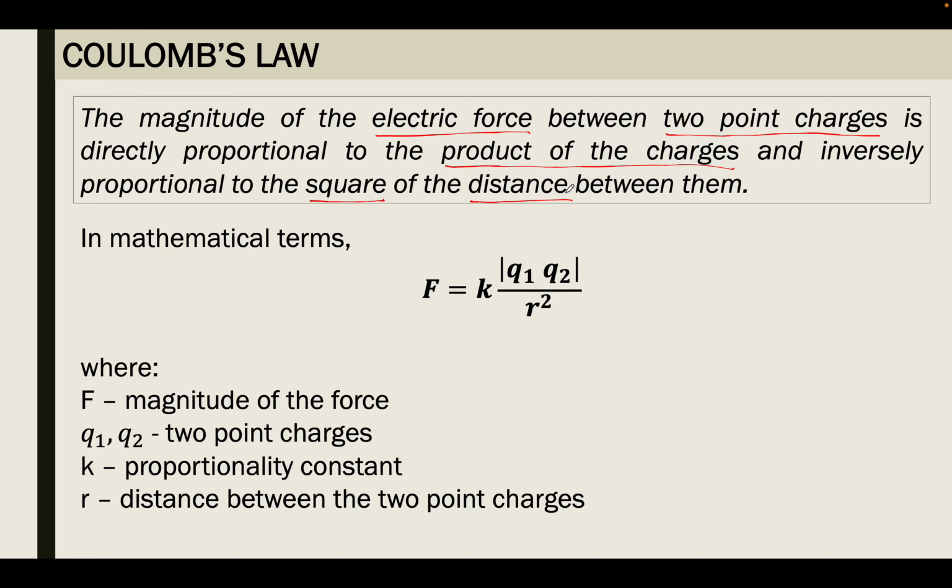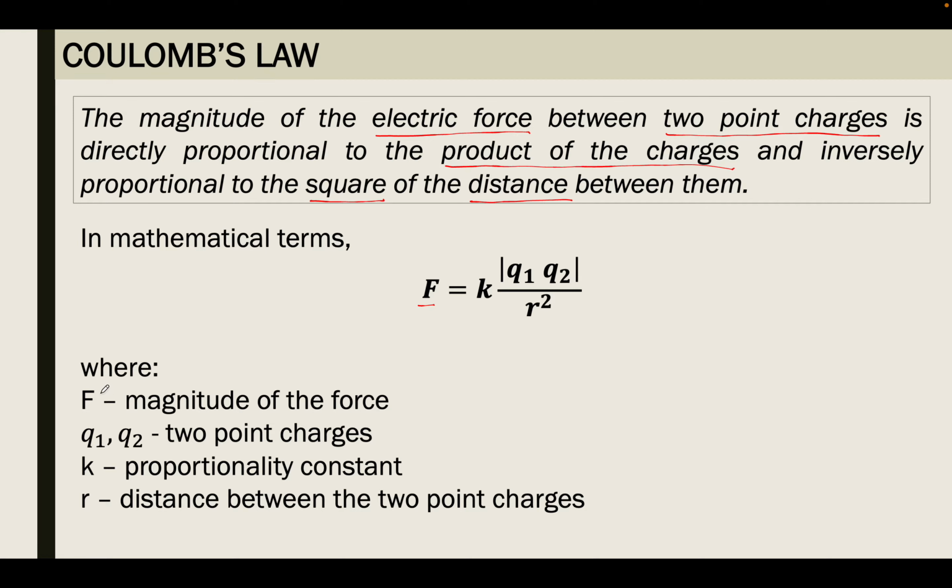So in mathematical terms, if you want to put that into an equation, we have the electric force, which is F, is equal to, it is directly proportional to the product of the charges. So we have Q1 and Q2 as our charges, and inversely proportional to the square of the distance, or we have divided by R squared.